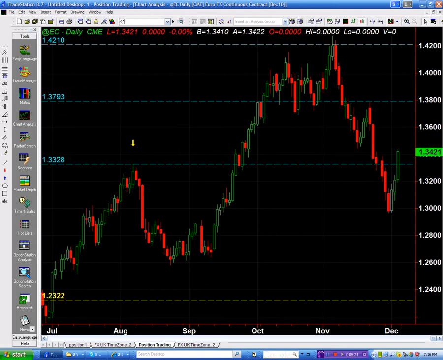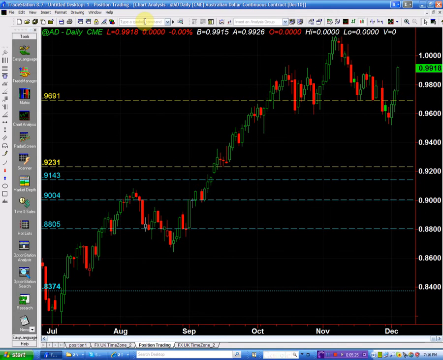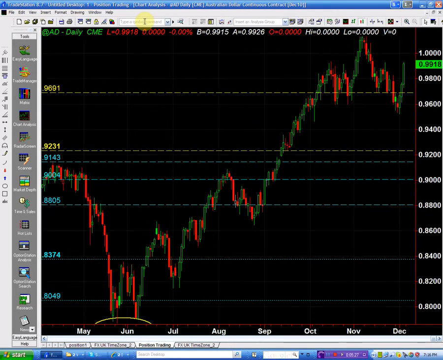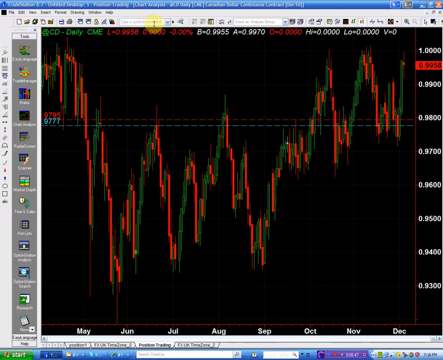If you look at the Aussie dollar, again, that is a very nice close. It looks again like it wants to continue. So the Aussie is strong, the euro is strong, the Canadian is strong. But look at the Canadian here.